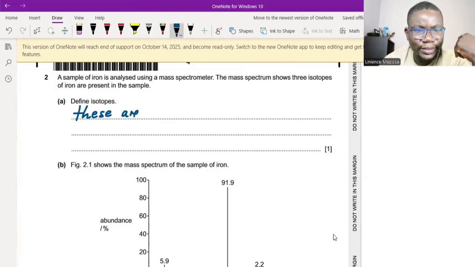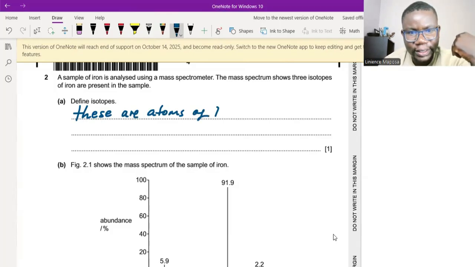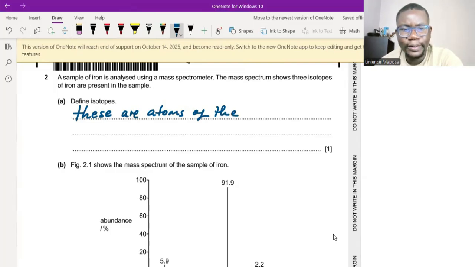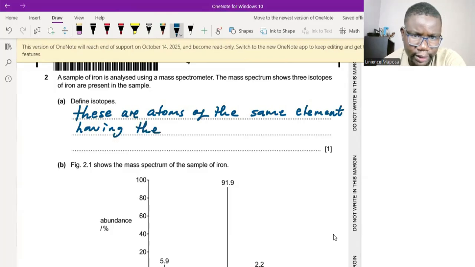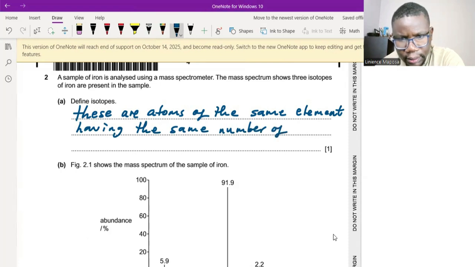These are atoms of the same element, having the same proton number, the same number of protons, but with different nucleon numbers.